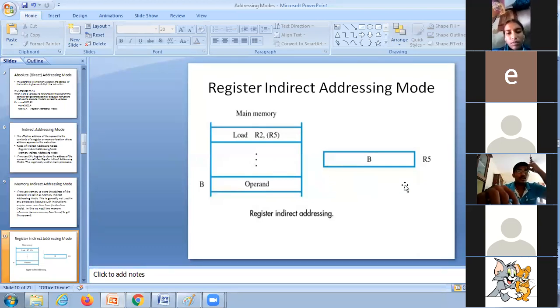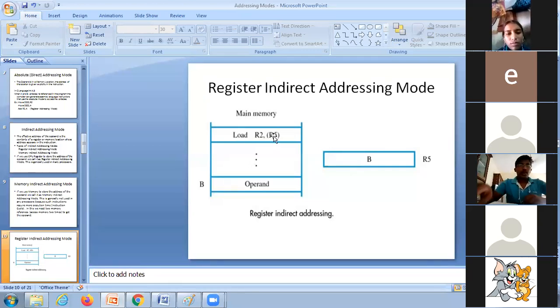Have you added that? All of you? R2 with 20. Similarly, you copy the same thing. With R2, instead of B, you write 20. That means load the value of R2 into this address.